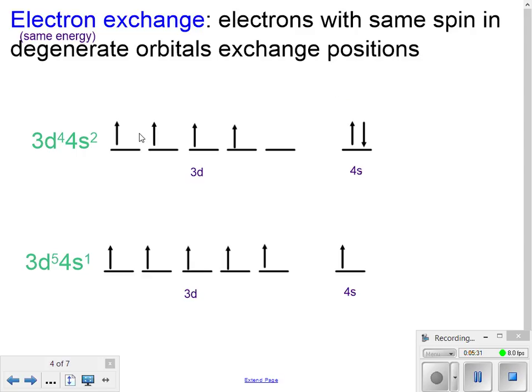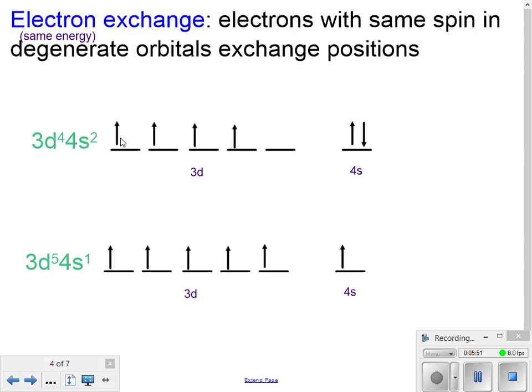For example, if we have an atom that has the valence configuration of 3d4, 4s2, and see how it's written, the 4s2 has slightly higher energy now. That element, of course, would be chromium.